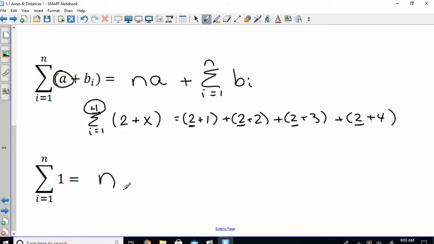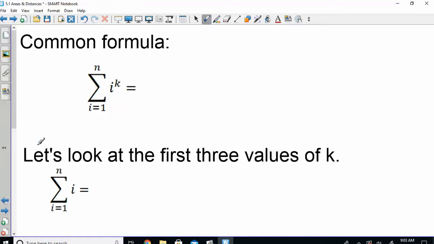Okay. So we need to extend this to help us out some more. One of the common formulas we will have is like an i to a power, i to the k power, which means you would have 1 to the power, 2 to the power, 3 to the power, so on, all the way up to whatever we're adding here.